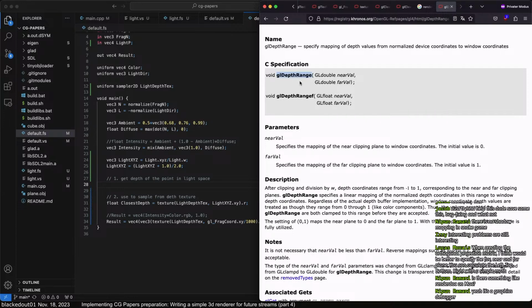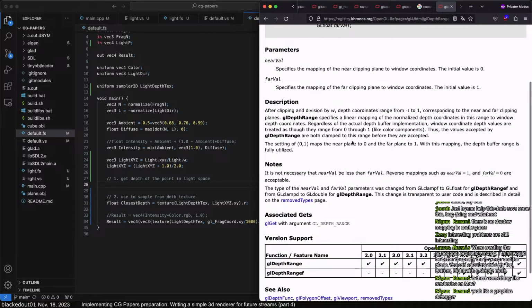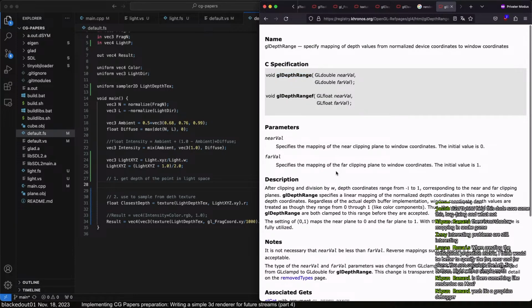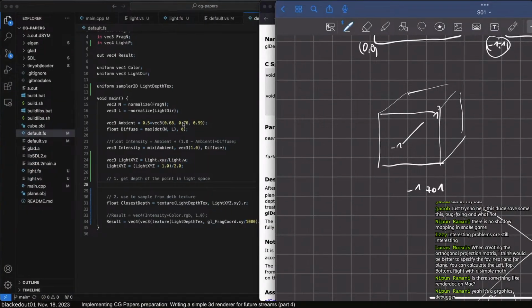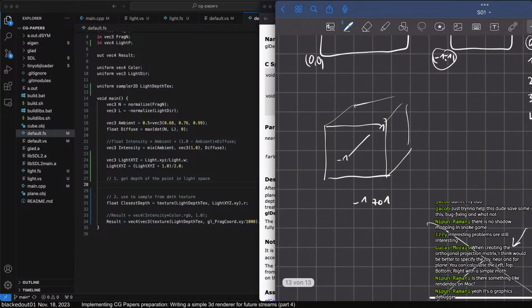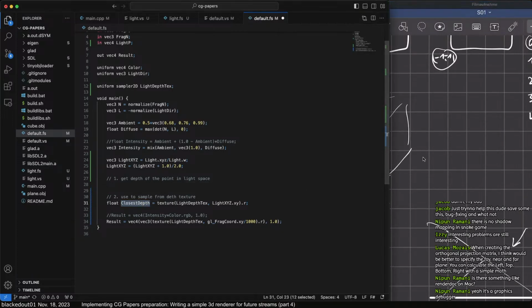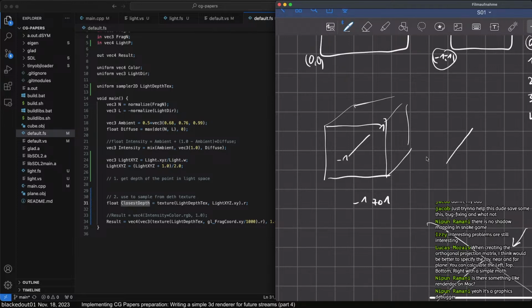So basically, this is the missing function to the GL viewport function, right? And here the default value is 0 and the other value is 1. So the depth in the texture is in the range from 0 to 1 if we look in this direction.